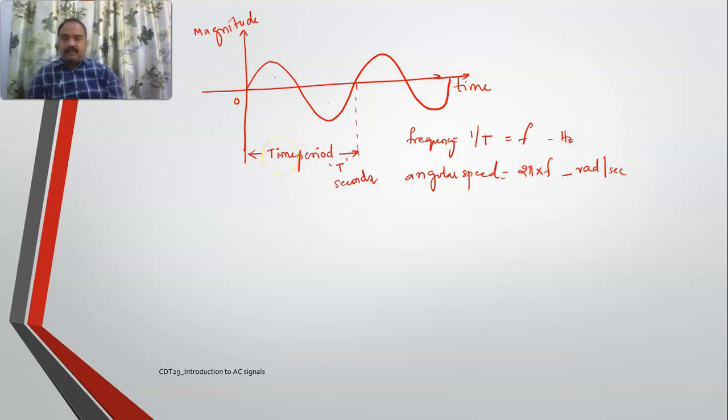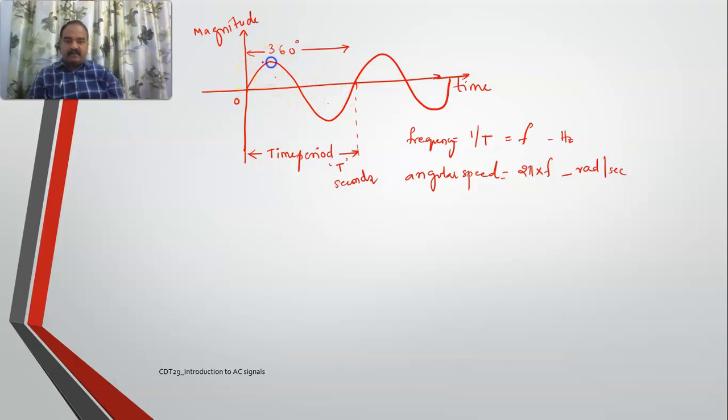Okay. And the second thing which you should remember is, one full cycle always represents 360 degrees. Now, one more thing. If I start with 0, then it is going to be 360 degrees. One full cycle length is 360.